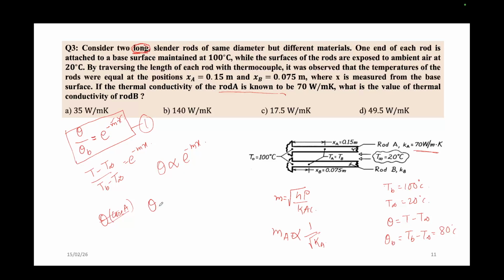So in that case I can write theta case A by theta case B is e to the power minus m_A x_A by e to the power minus m_B x_B. Is it clear?